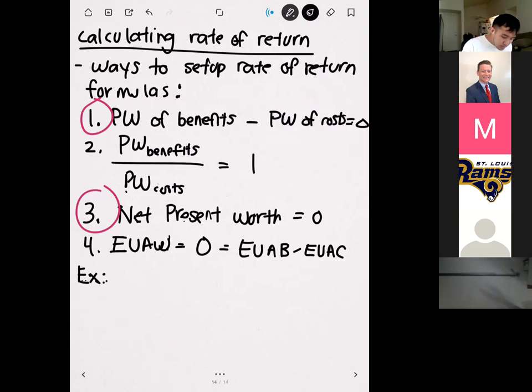Okay, so let's do another example. Let's say that we have a cash flow diagram that looks like this.